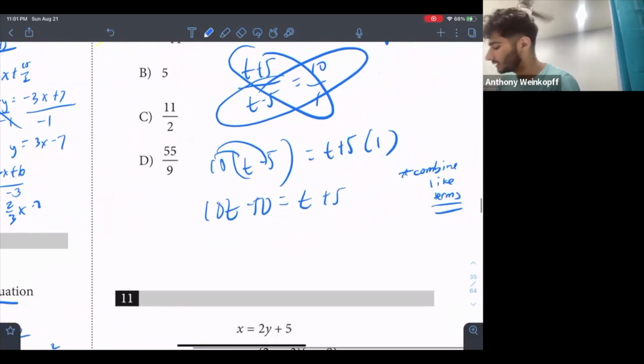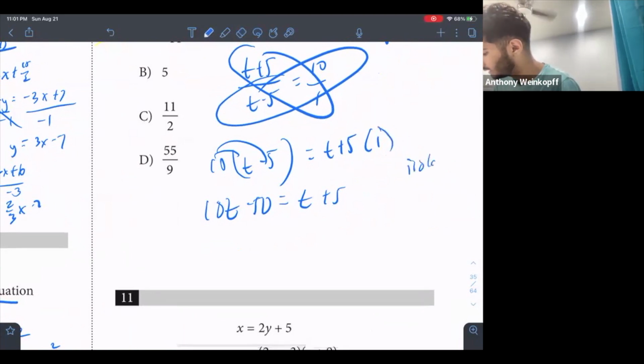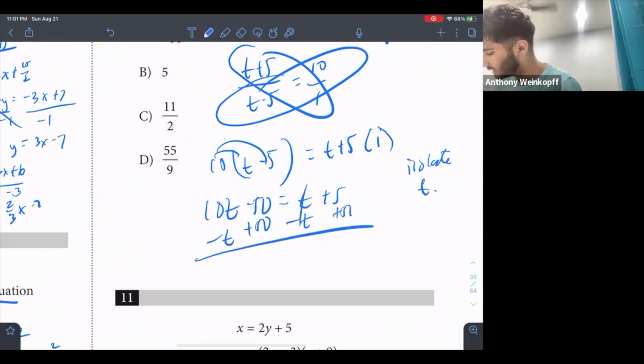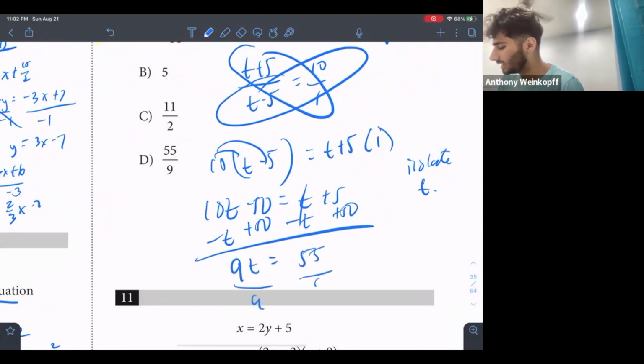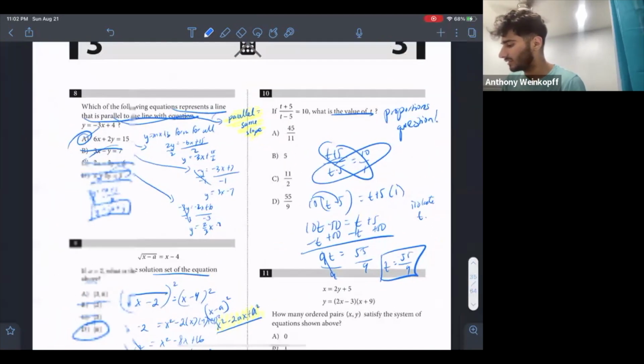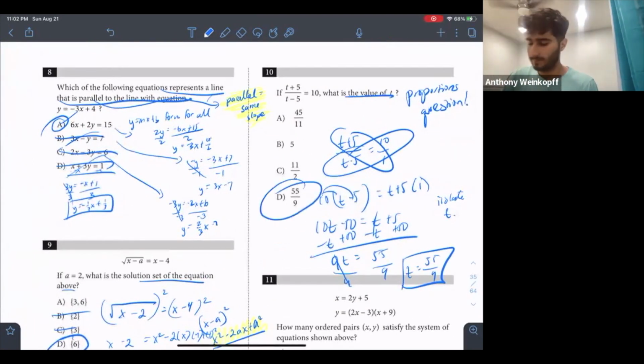Isolate t in this case. So minus t, and then add 50 on both sides. So you get 9t is equal to 55. To solve for t, you just divide by 9 on both sides to get 55 over 9 as our answer for t, which is choice D.